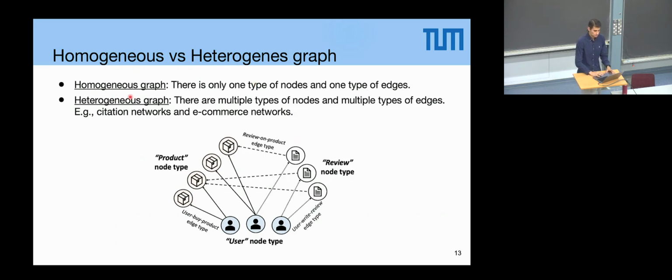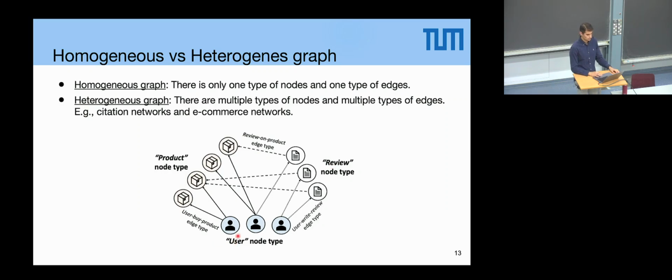We will also be working with homogeneous graphs, where there is only one kind of node and one kind of edge. Graph neural networks can also be applied to heterogeneous graphs. In these heterogeneous graphs, there are different kinds of nodes and different kinds of edges. For instance, in an e-commerce network, we can have a node for the user, a node for the product, and a node for the review. The reason these nodes are different is because each of them can have different features or attributes assigned to them.